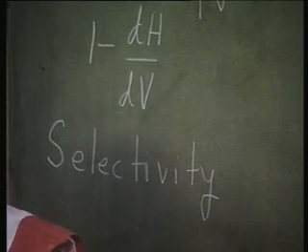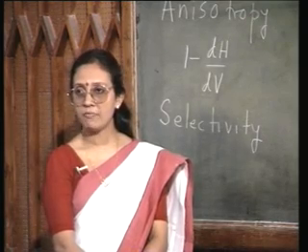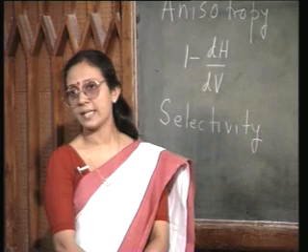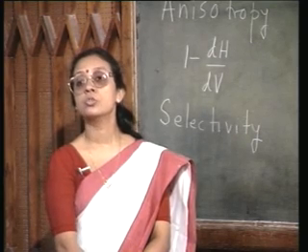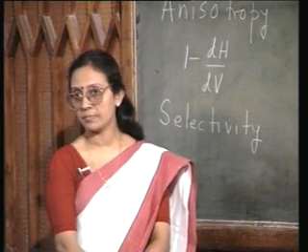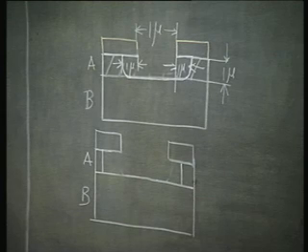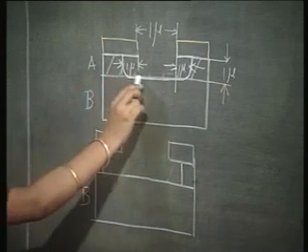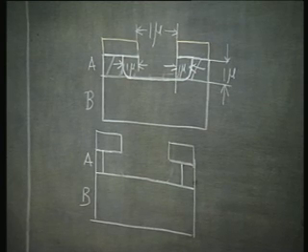And what is selectivity? Take this example. I have two materials A and B. I want to etch material A but not material B. So, I want to ensure that when the material B is exposed, when the etching has progressed up to the interface between A and B, the etching automatically stops.